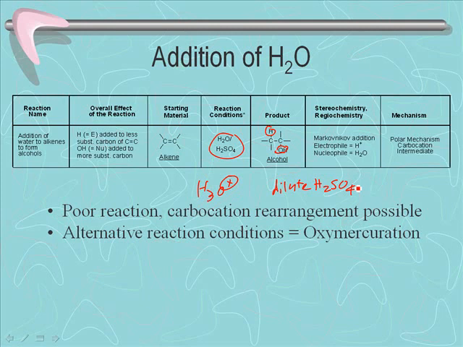One of the biggest problems with this reaction is that since it has a carbocation intermediate, carbocation rearrangements can occur. And so we're going to learn very quickly about a second reaction with very little practical value, the oxymercuration reaction, which can carry out the same kind of chemical reaction but doesn't have the potential for carbocation rearrangements.